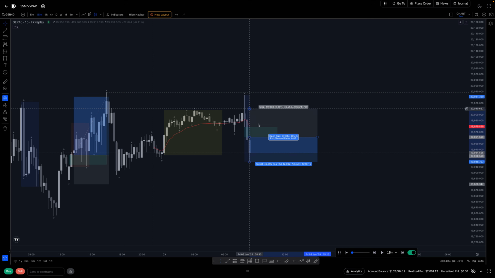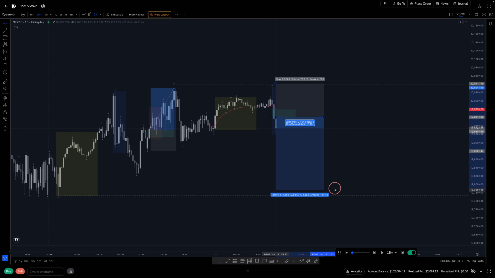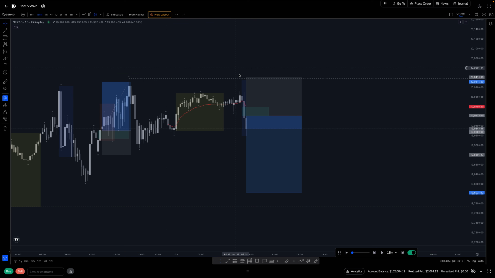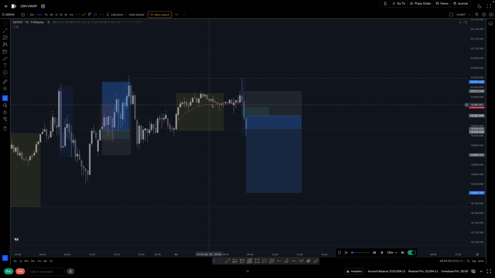In this sense, because this high is so far away, I'm going to put my stop loss above this candle, because if we put our stop loss up here, we will need to put our take profit all the way down here at 2%. So we can try and trim our stop loss a bit. We can put it above this candle, and what you will notice is that it's above the VWAP.